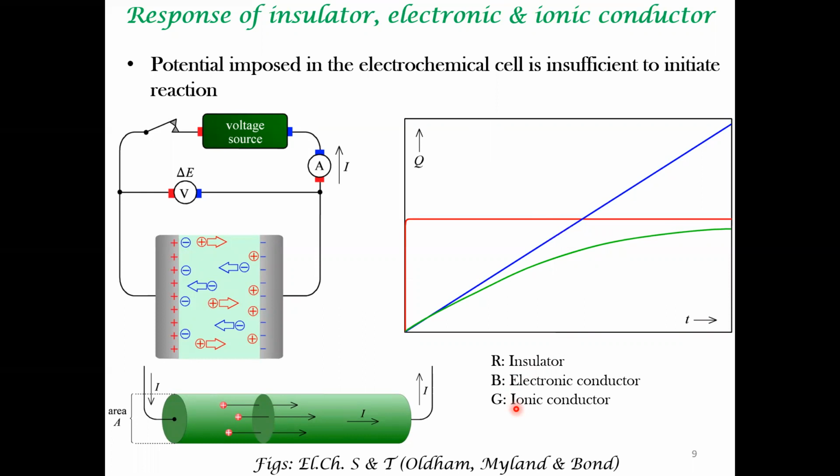When you impose a finite potential across an insulator, there can be some charge reorientation. So there can be some finite current and some charge transfer. But in a perfect insulator, after that, there is no longer a charge transfer with time.